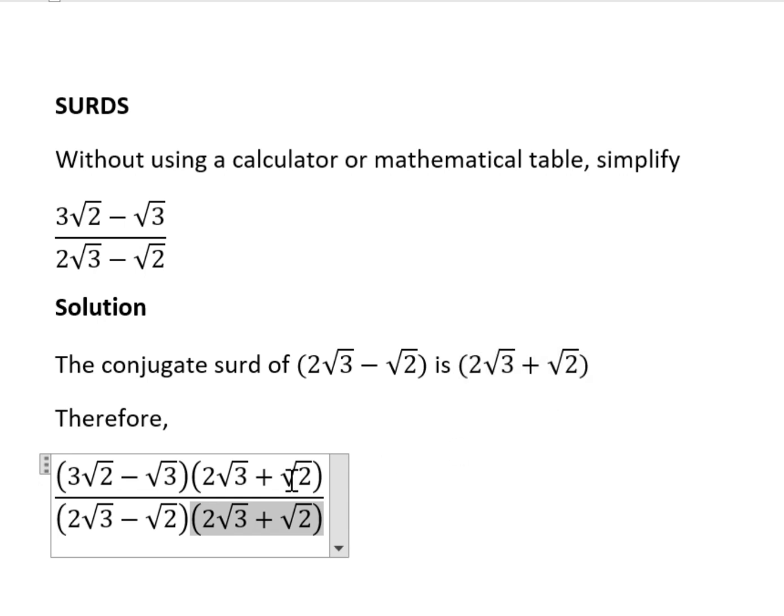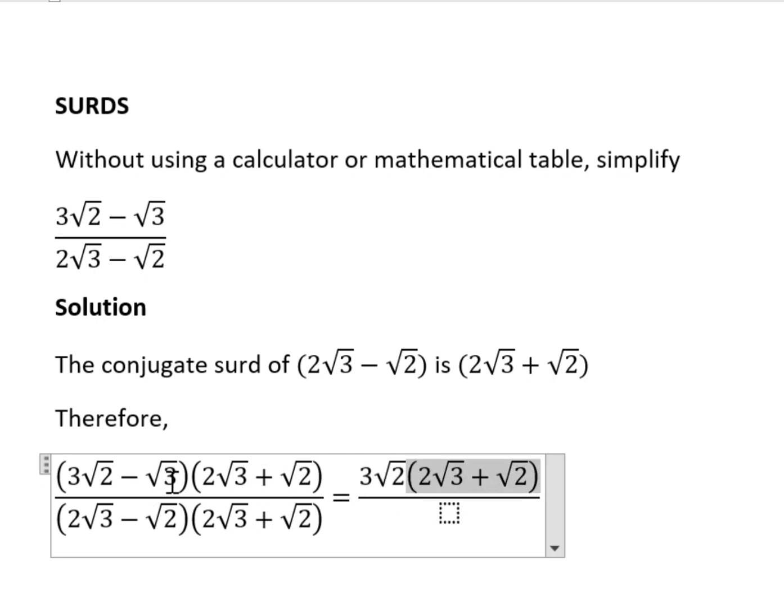So after we have done that, we now expand the numerator and the denominator. For us to expand that, we split the first bracket, multiplying each term by the contents of the second bracket. So that will be 3 root 2 times the whole of 2 root 3 plus root 2, then minus root 3 times the whole of 2 root 3 plus root 2.